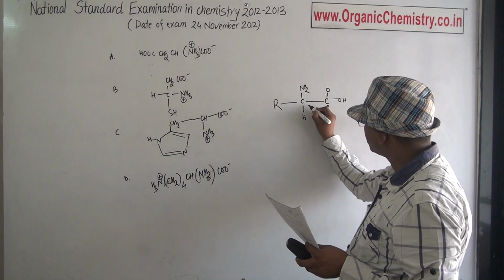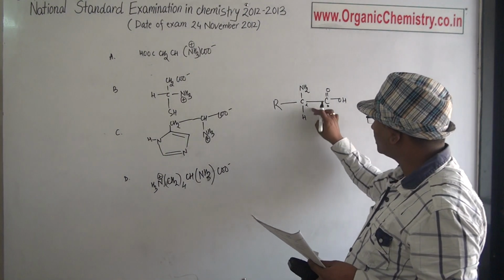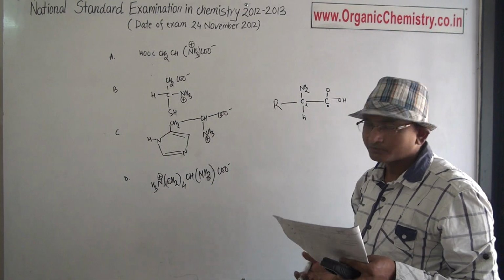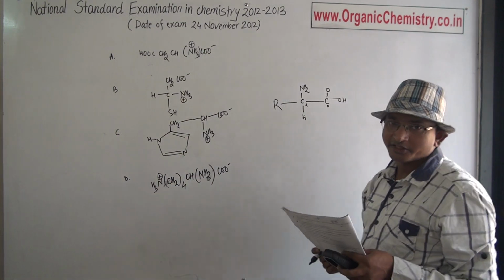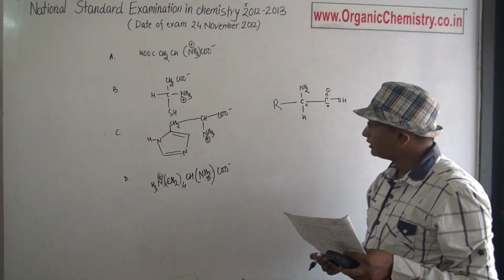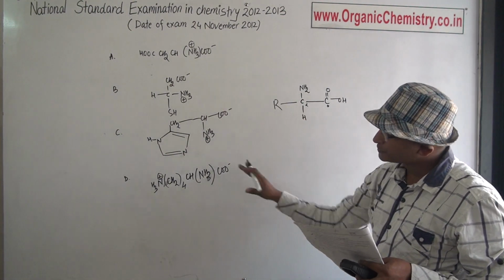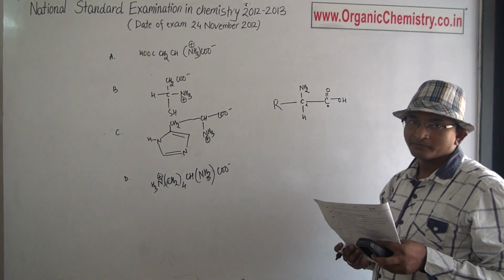So this is the alpha carbon. You have to observe only the alpha amino carboxylic acid. If an alpha amino carboxylic acid is not present in a particular molecule, it is not an amino acid.